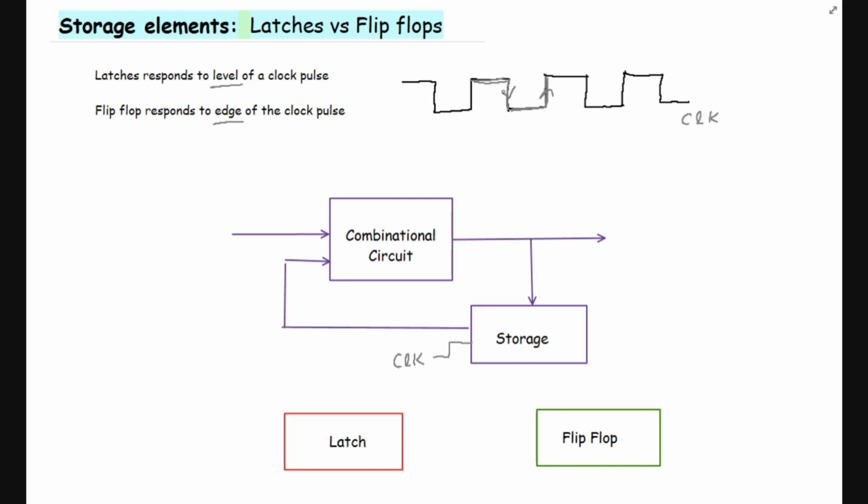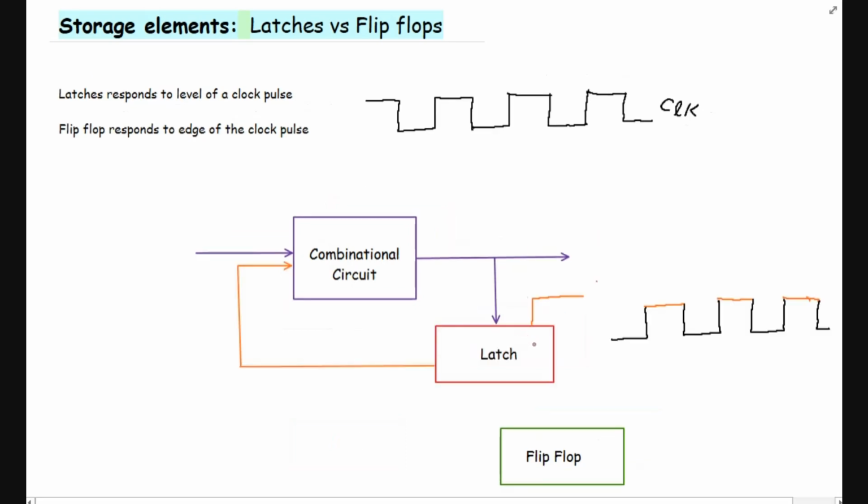So let's consider a latch as a storage device. For example, if this is a D latch with enable input En, as you know, a D latch only responds when there is a high signal on the enable input. So if there is a high signal on the enable input, data D will be processed and there will be output Q and Q dash.